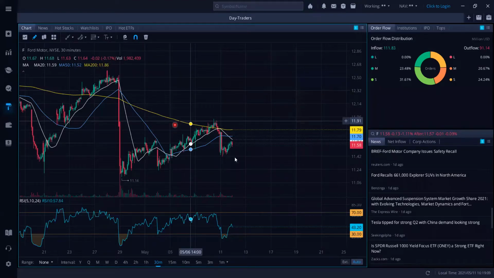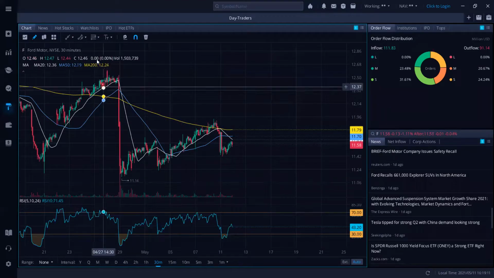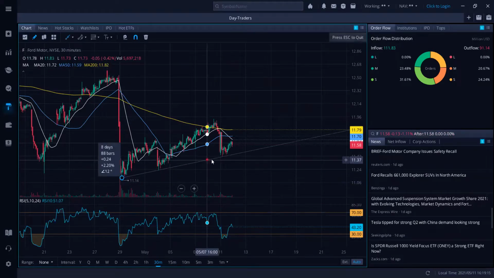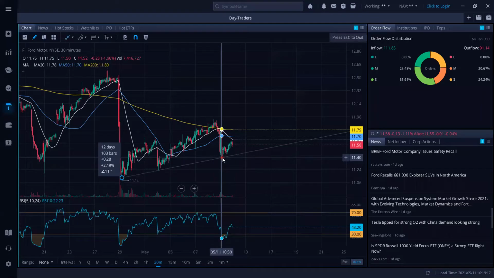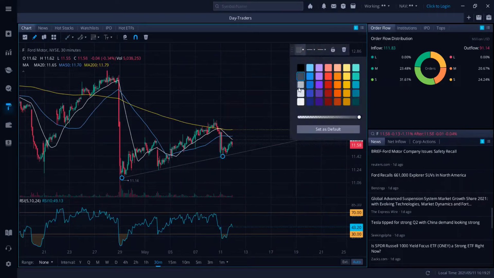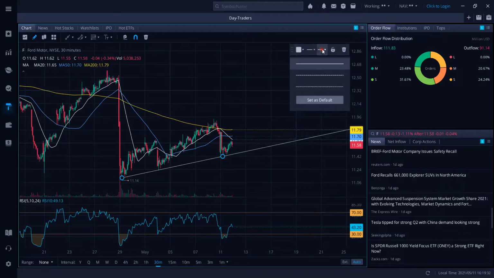We're not really oversold at any point in time, so I'll probably just hold off and wait to see if I'll go with this right here. Again, we're looking for oversold points on the RSI to signify our support levels.